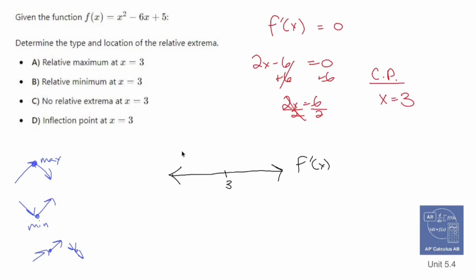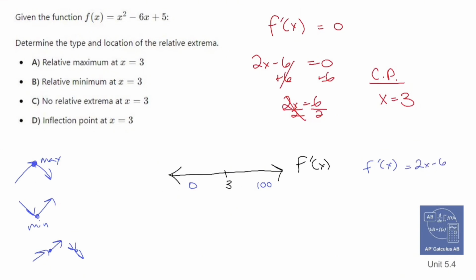Now, the way I determine if something is increasing or decreasing is I choose a number in the interval that I care about. 3 is my only separation point. So I'm going to pick a number like 0, and I'm going to pick a number like 100, and plug those into the derivative. The derivative that I got, and let me just write it out since I messed it up all over here, was 2 times x minus 6.